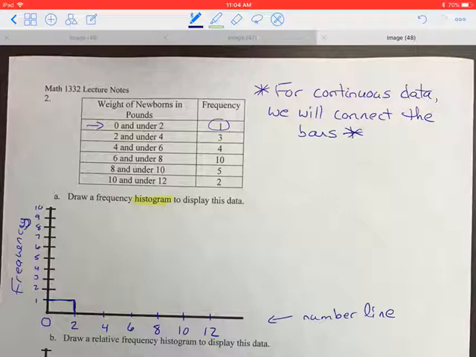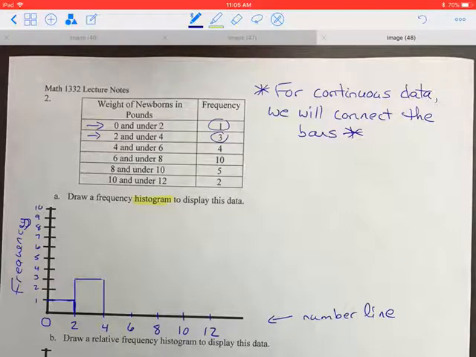We're still going to go all the way up to the 2. And for the next category, between 2 and 4, we need a frequency of 3. So I'm going to join up with this line that's already here. I need to go up to 3. And then it's going to go between 2 and 4.